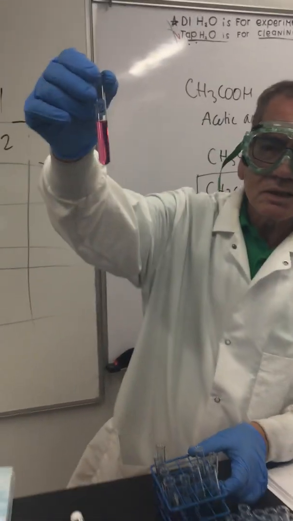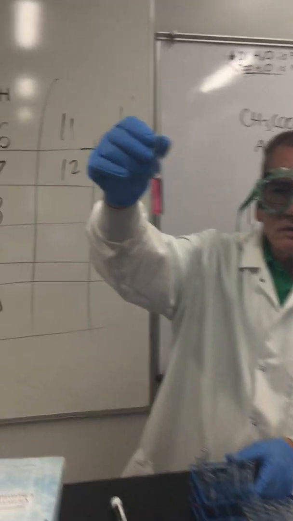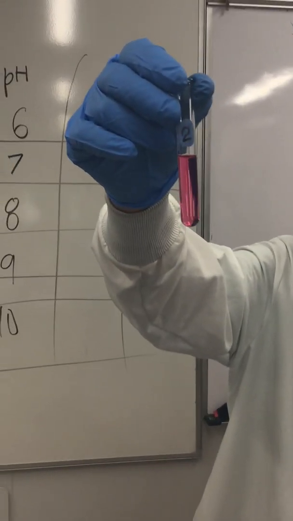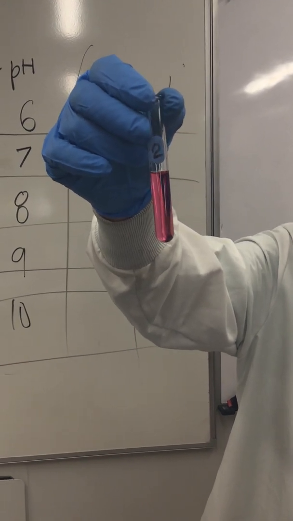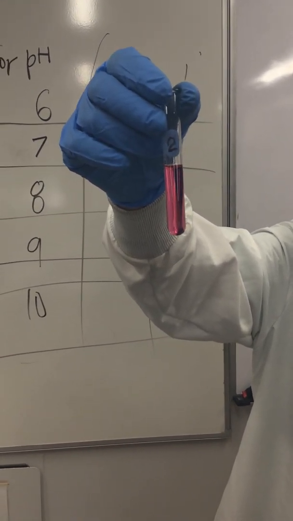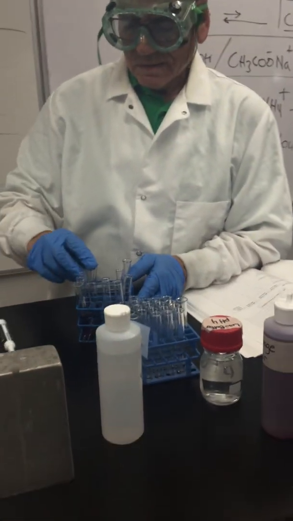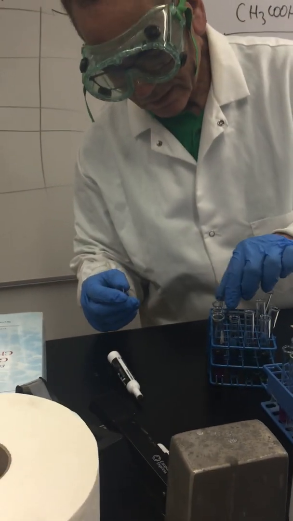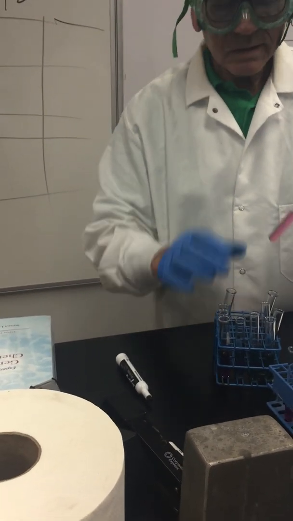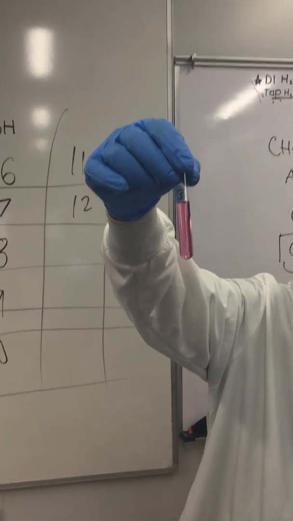pH 2, that's the color. So you write it down and say if you have an acid solution that has that color, then your acid has a pH of 2 according to my indicator. Is that clear? Then I added the cabbage to pH 3, and that's the color it gave me.